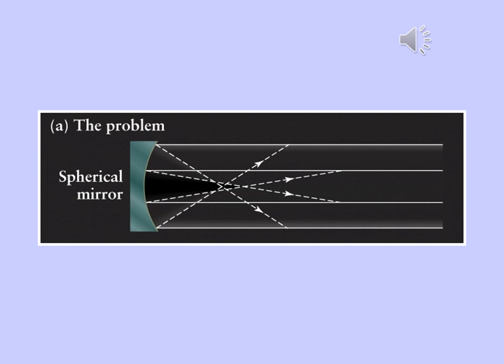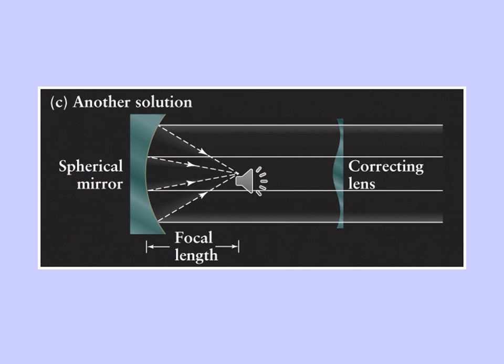You then have to use your hands and some sort of sandpaper in order to make a spherical mirror into a parabola. One can use a correcting lens instead of actually shaping the lens into a parabola. Most telescopes use that patent.